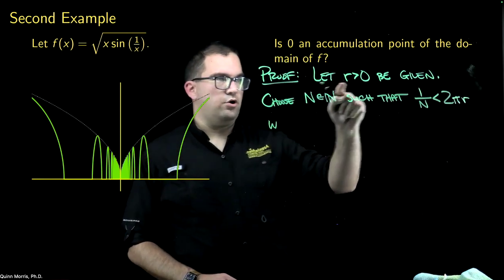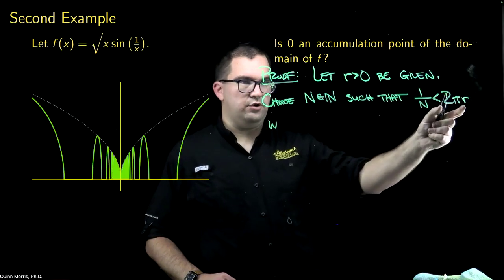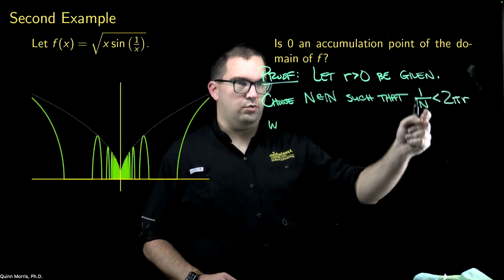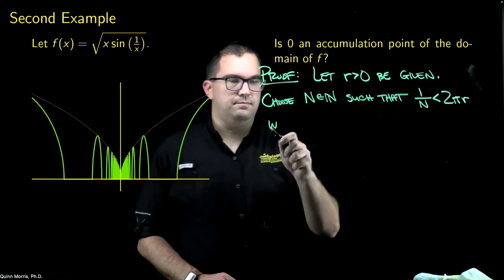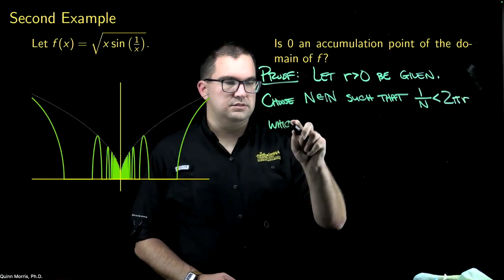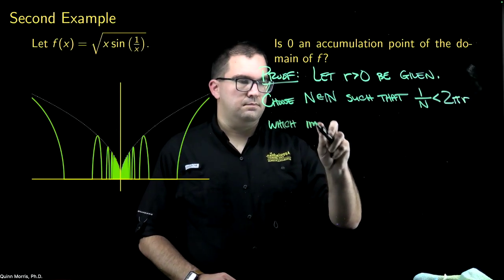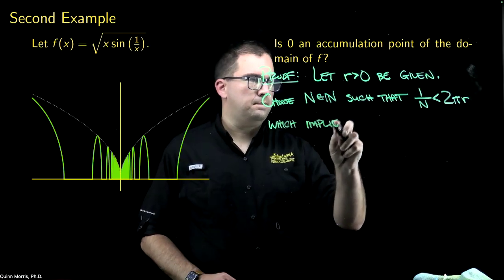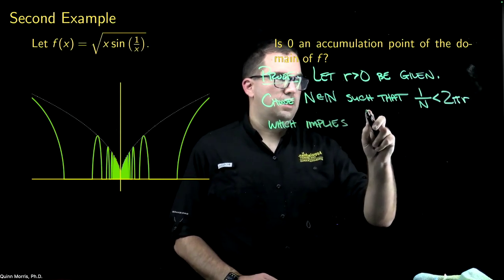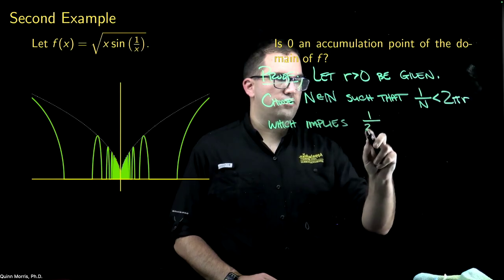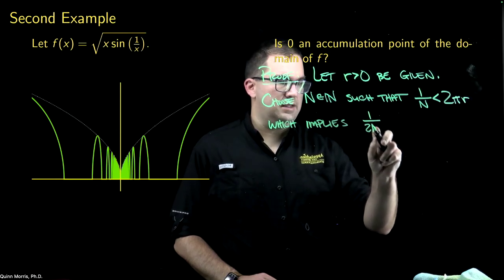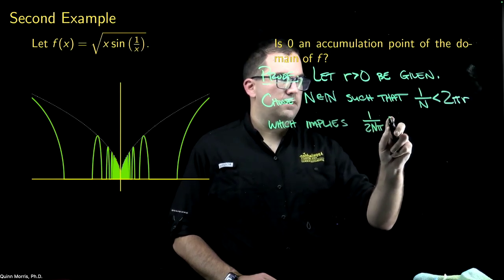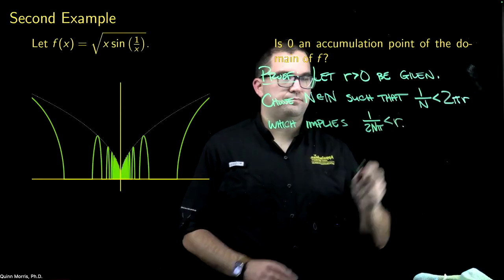So, having already established an r, this is now a fixed real number. I can always choose a natural number so that 1 over that natural number is less than that. And that implies that 1 over 2 N pi is less than r.